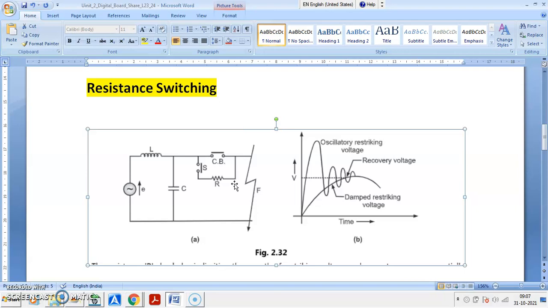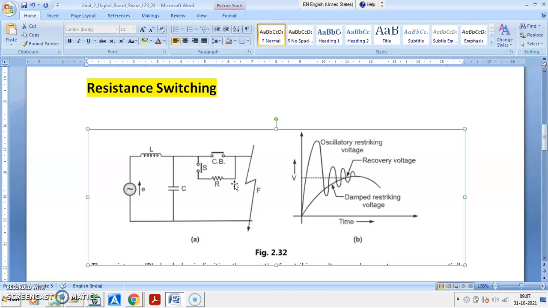So resistance switching, across circuit breaker, resistance R. The current chopping, the capacitive current breaking that produces high voltage oscillations, which we have discussed, now can be prevented by this method.